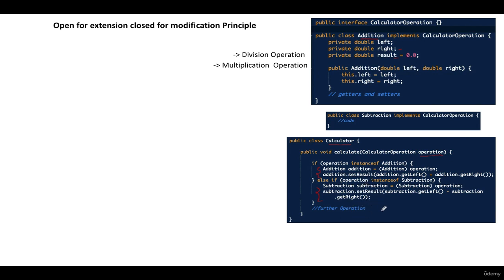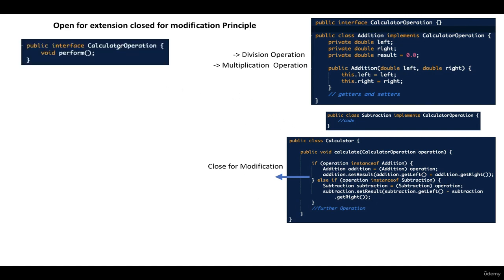If you see, the problem with this type of implementation is that all the time we need to change this code and add an else if statement for every new operation. But this principle states that the existing code should not be modified, so it should be closed for modification. How can we prevent this?